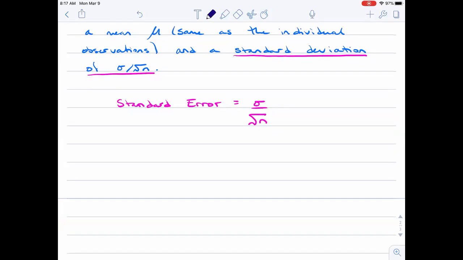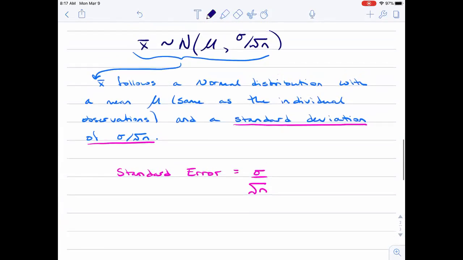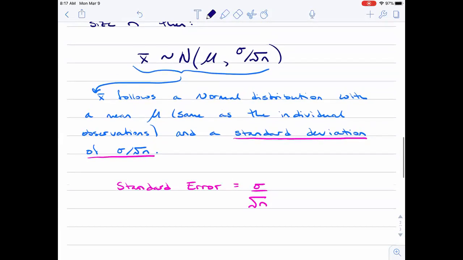So if we take it back, what we're saying is that if we're sampling from a normal distribution, then the means from those distributions are going to be normally distributed as well. I don't think that's too crazy.